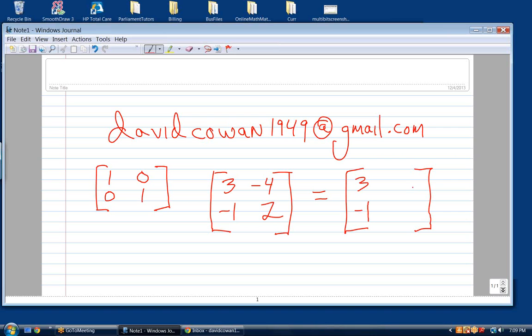Upper right. You would do 0 times 3. We're taking this column here, and we're multiplying it by that row. So the minus 4 goes on top of the 1. So it would be 1 times negative 4, plus 0 times 2. 0 times anything is 0.